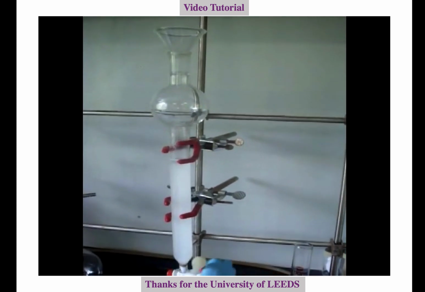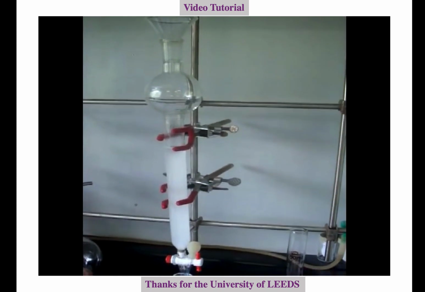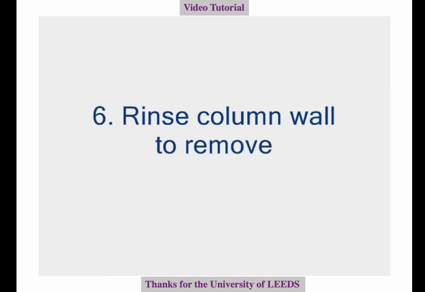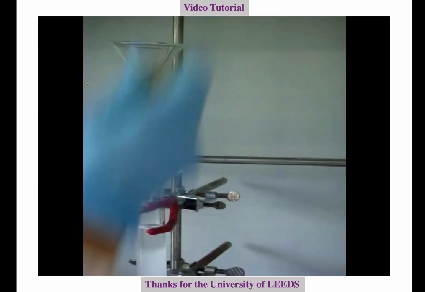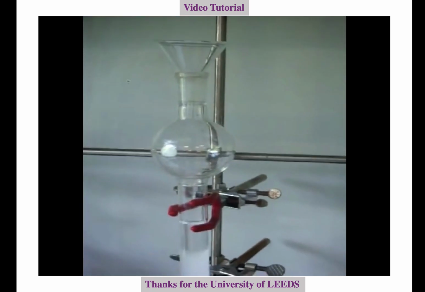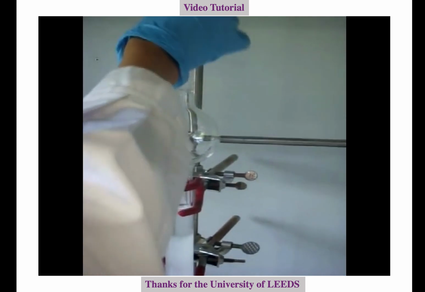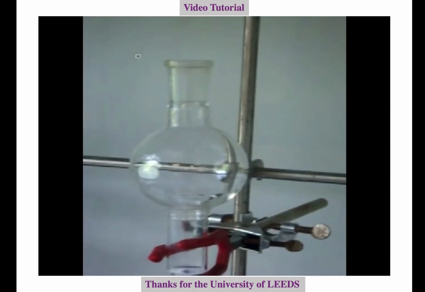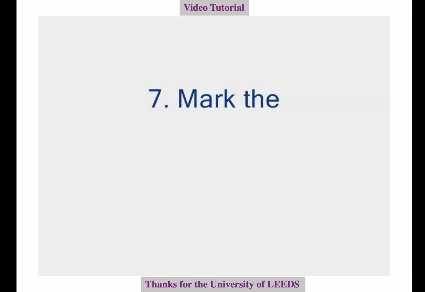Can you see that? The white stuff. Within time, the silica powder will go down. And we have to rinse the column and flush it in order to pack the silica. Don't worry about the video quality, I will send it to you separately.